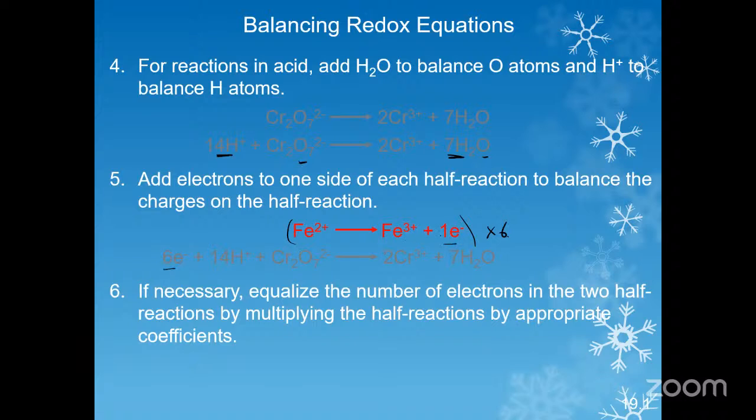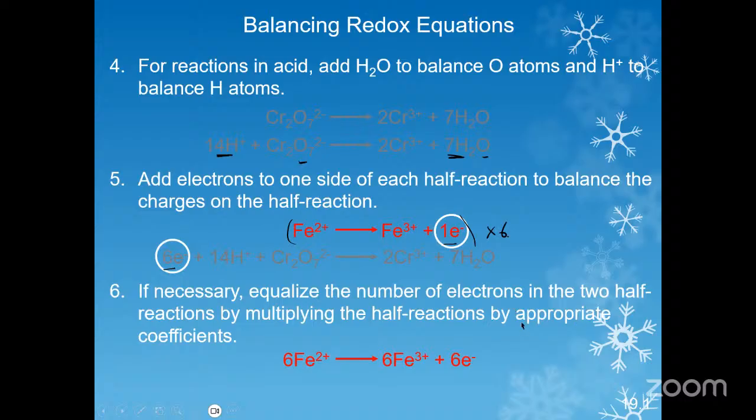But that means you have to multiply the other items as well, the Fe2+ and the Fe3+. So when you multiply this by 6, you end up with 6 Fe2+ forming 6 Fe3+ plus 6 electrons. So now we have the number of electrons lost and gained being the same.